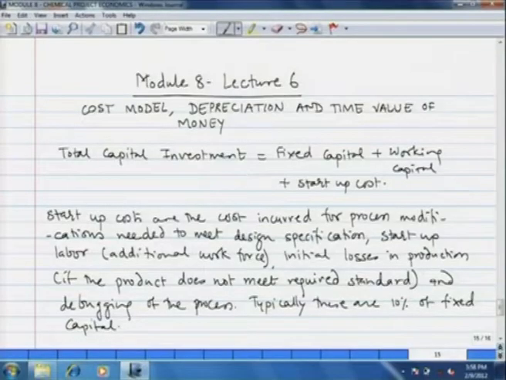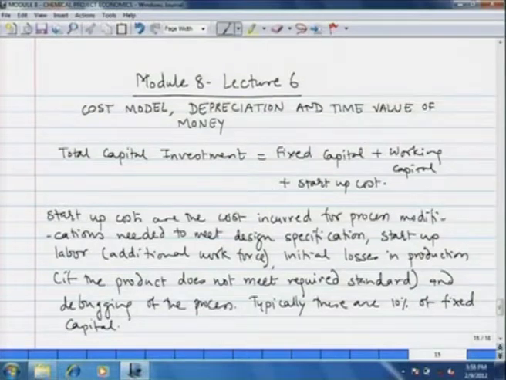We have seen in the previous lecture that the total capital investment is on-site cost, or what is known as inside battery limit cost, and off-site cost, which is outside battery limit cost. So, in this lecture we will develop a simple model with which we can estimate total capital investment only on the basis of the cost of major equipment of the process which we are going to design. Total capital investment is fixed capital plus working capital plus startup cost.